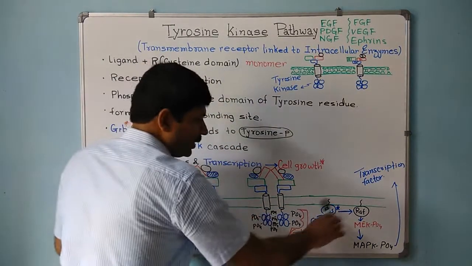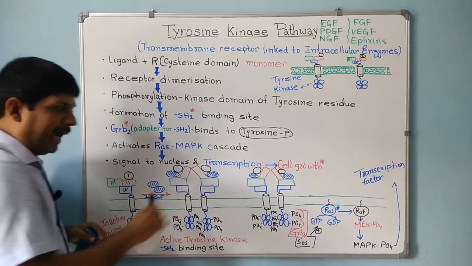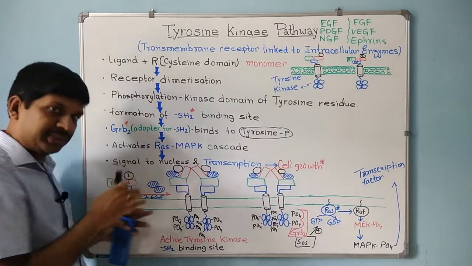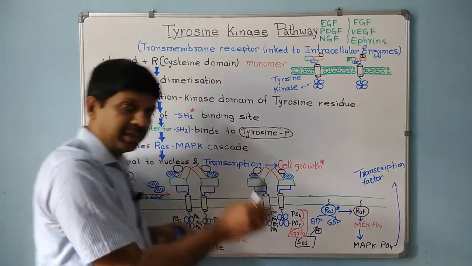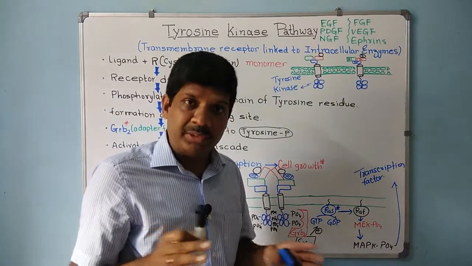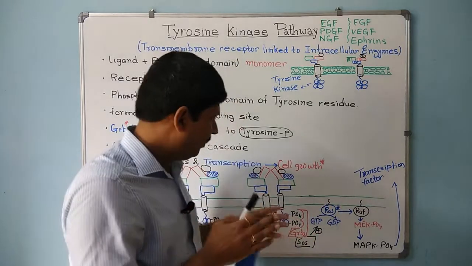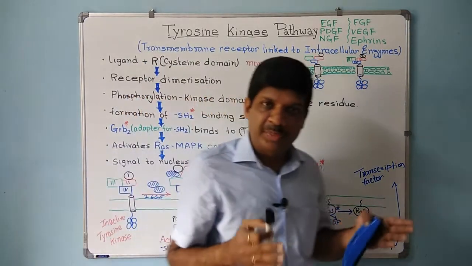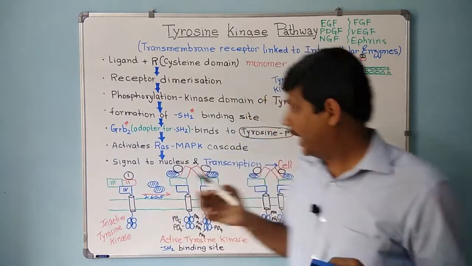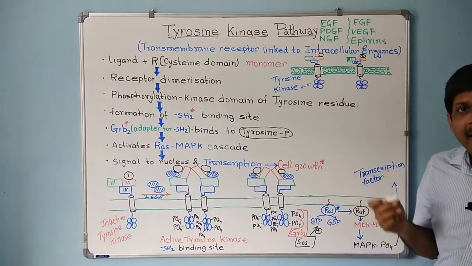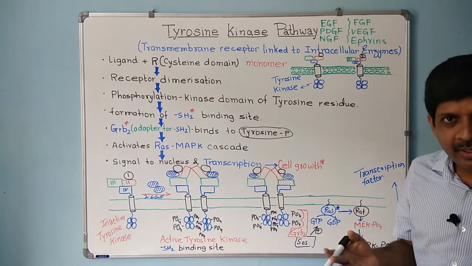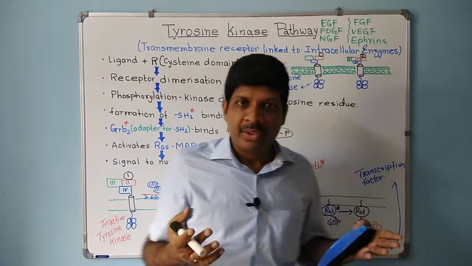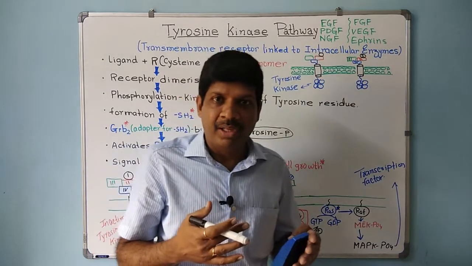So this will cause the activation of that pathway, and then activation of this will cause the transfer of signal to the nucleus, and from there transcription occurs, formation of specific protein occurs, and that will help in cell growth, cell differentiation, cell proliferation. So that is the normal mechanism.